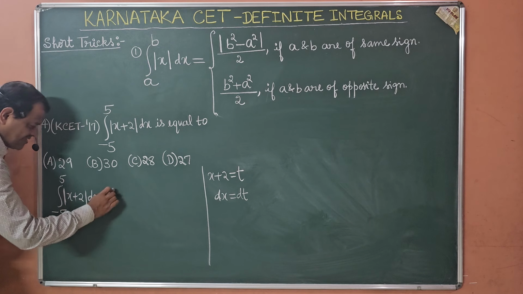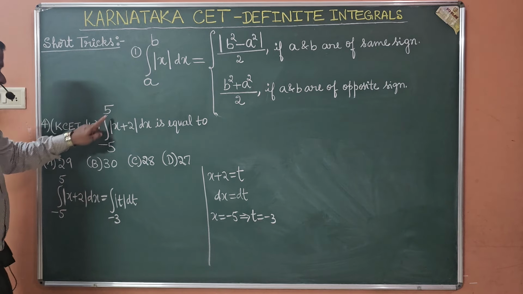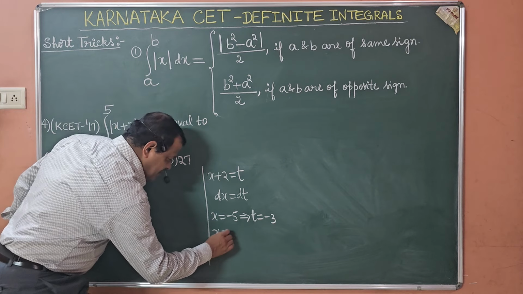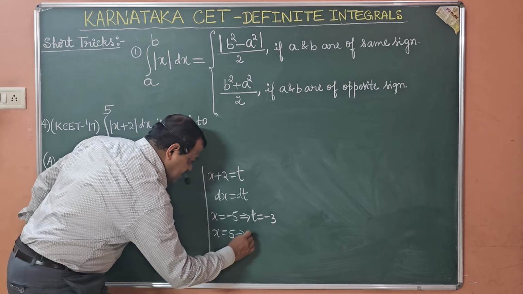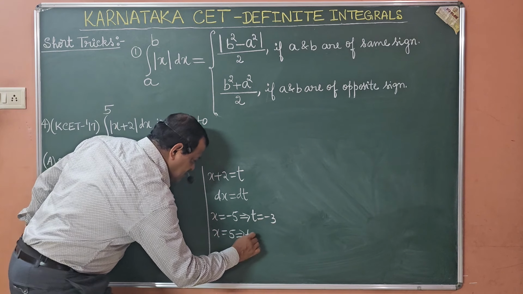here, first minus 5. So minus 5 plus 2, t is minus 3. So when x is minus 5, t is minus 3. This is going to be the lower limit. And when x is plus 5, t is going to be 5 plus 2, 7. Say upper limit 7.